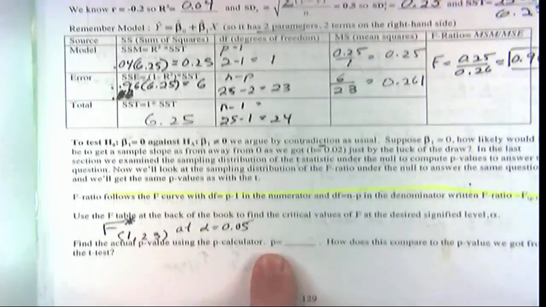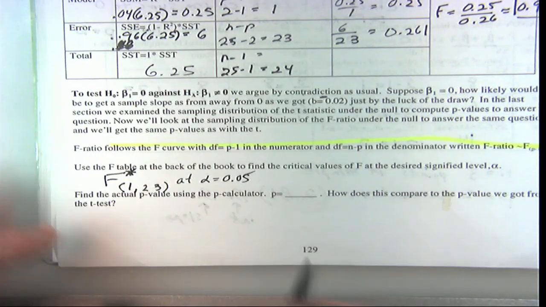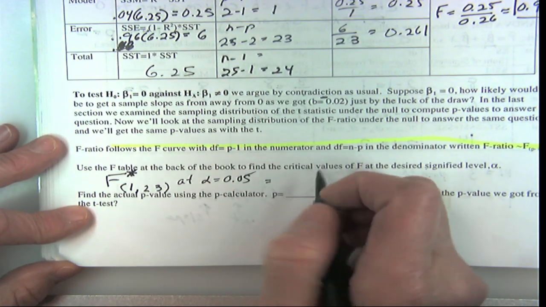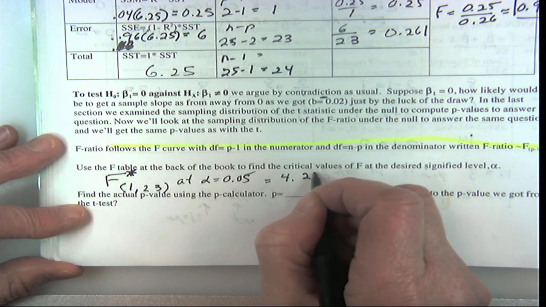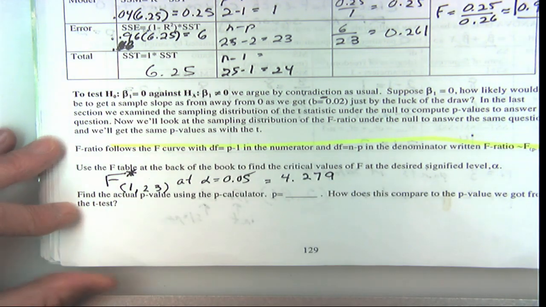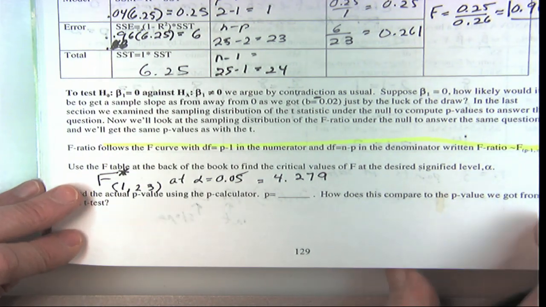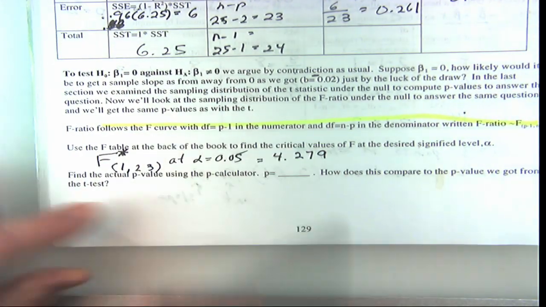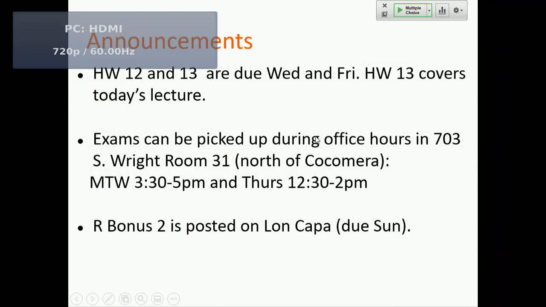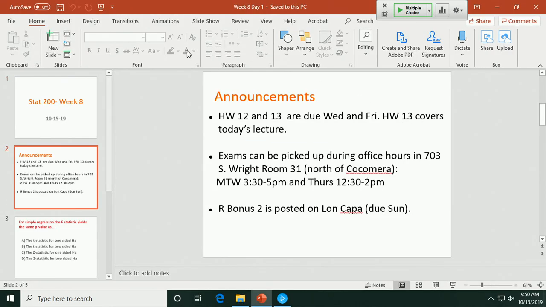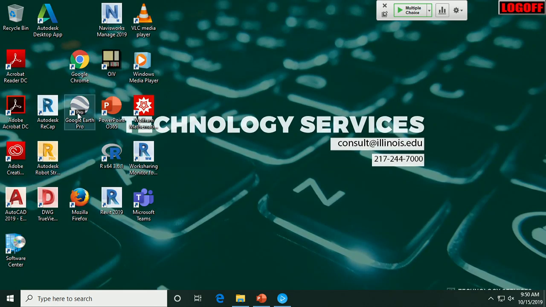Let's get the actual p-value on the p-value calculator. Let's write this down first so we don't forget it: 4.279. So what's our actual p-value? Let's look at what the curve looks like.